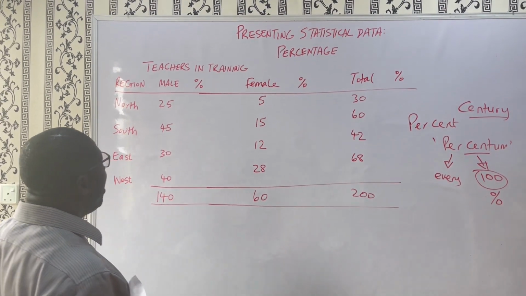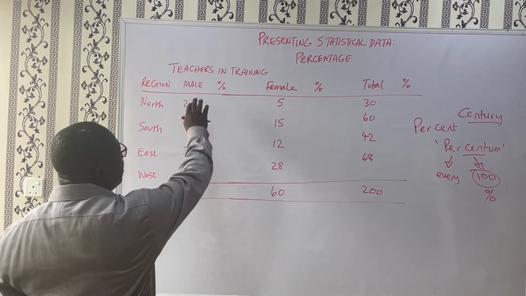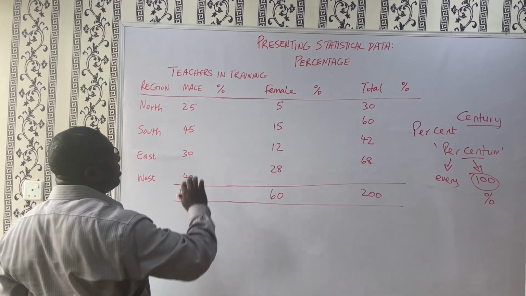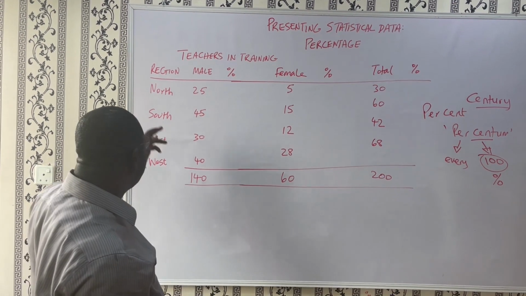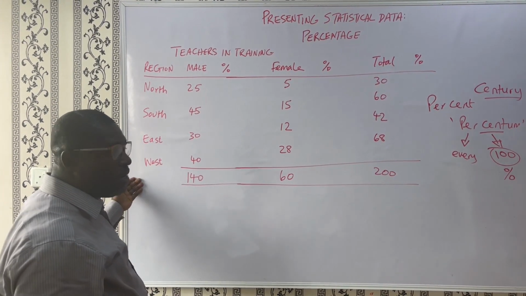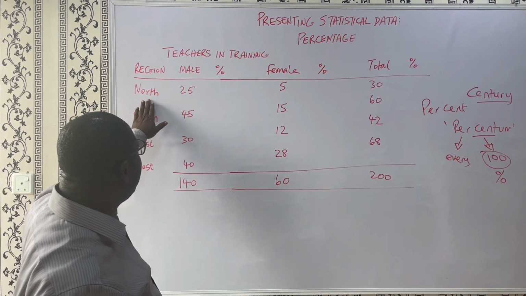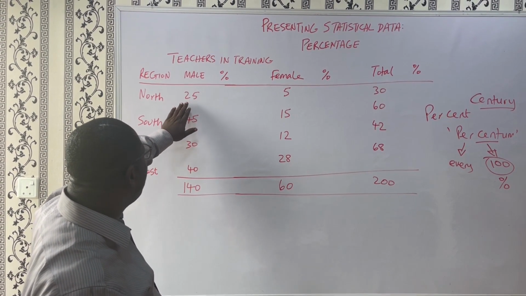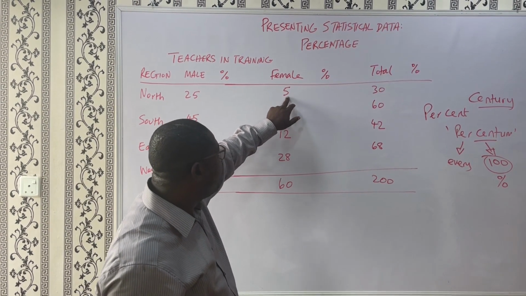We have a table before us, and the title of the table is Teachers in Training. We have teachers from the north, south, east, and west regions of the country, and we have 25 male teachers from the north and 5 female from the north too.